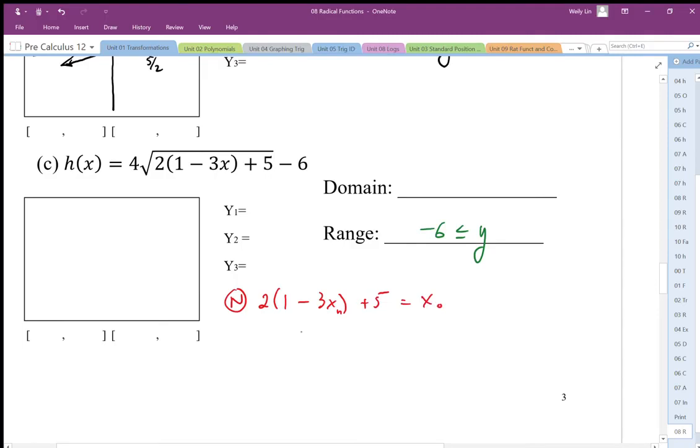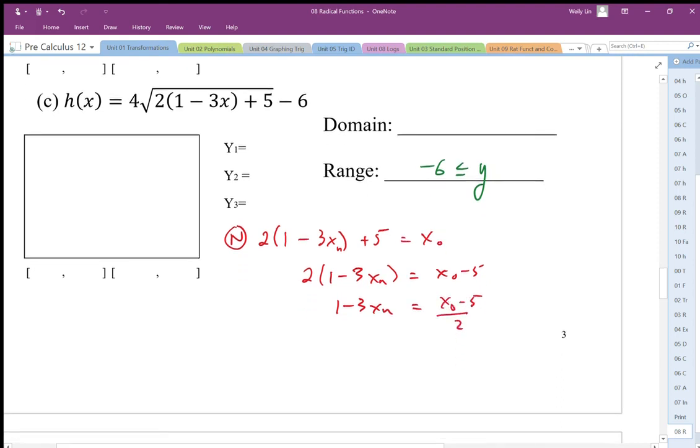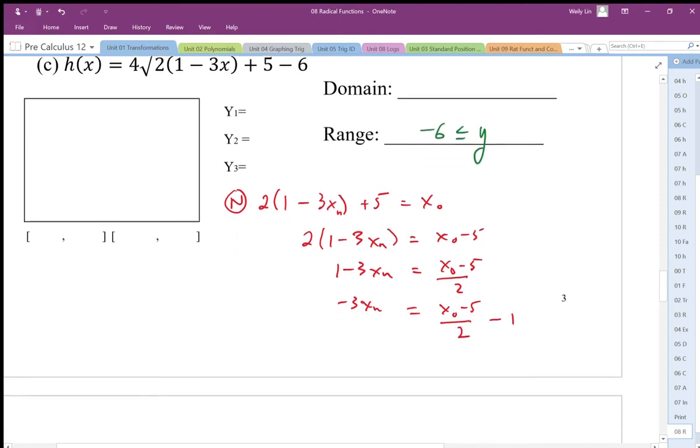So I'm going to undo this. I'm going to do this in steps because there are lots of steps here. So I'm going to end up with minus 5. Okay, I'm going to divide by 2. Then I'm going to shift it to the right, or sorry, to the left, so it's going to be minus 1. And then I'm going to divide everything by negative 3.